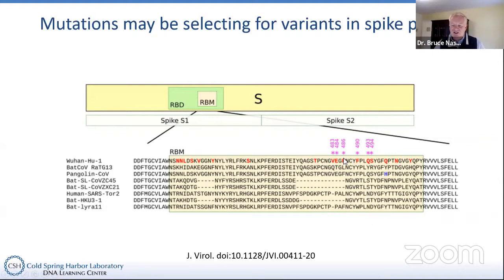But they did look at computer modeling to figure out if there was any selection. And they think that this region is under positive selection, meaning that some of these mutations actually are helping the virus. Okay.